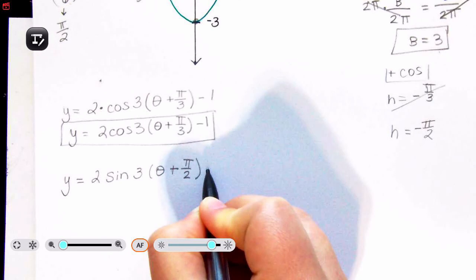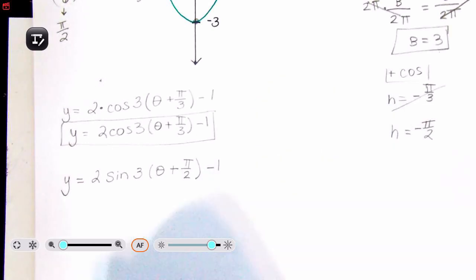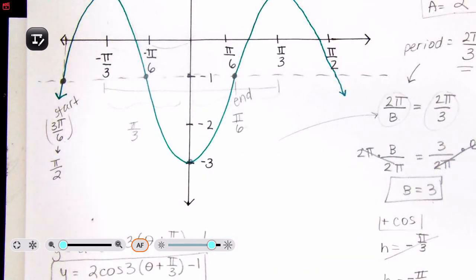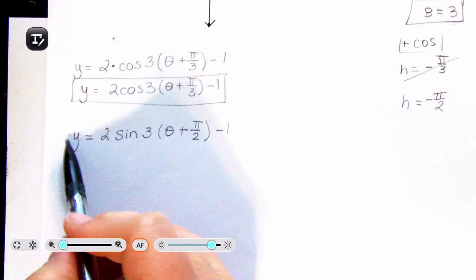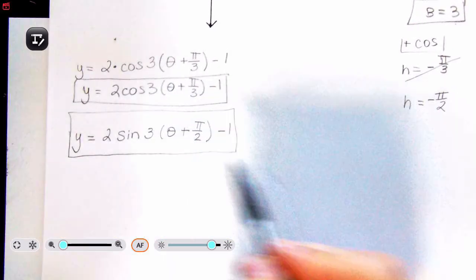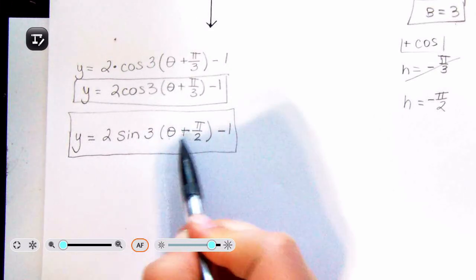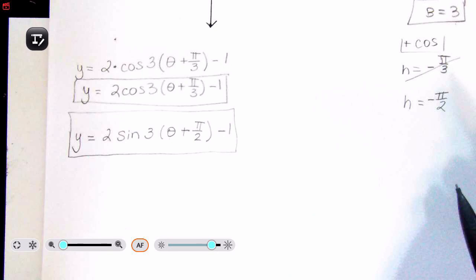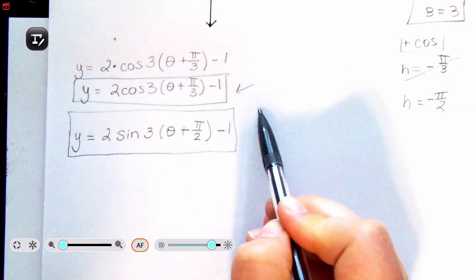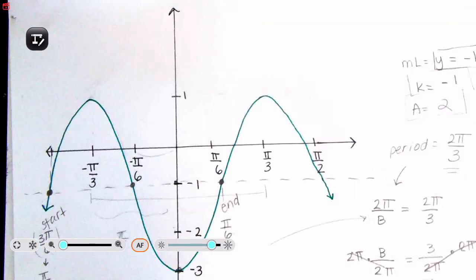And our k value, our vertical shift, is negative 1. So our equation for this graph using sine is y equals 2 times sine of 3 times theta plus pi halves, minus 1. So both work for one equation. And that's it.